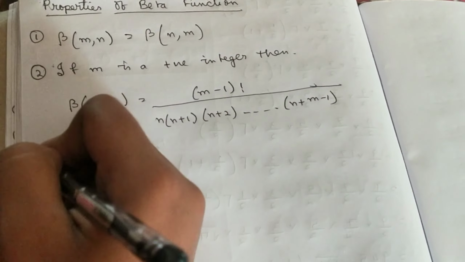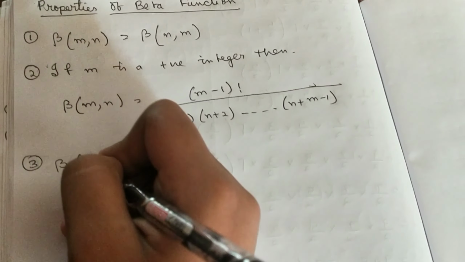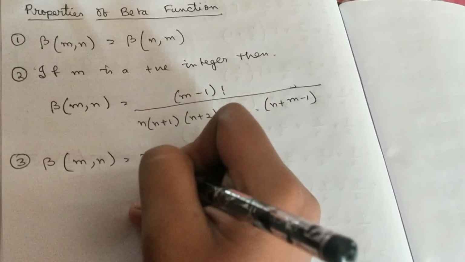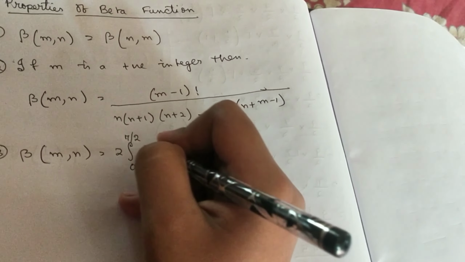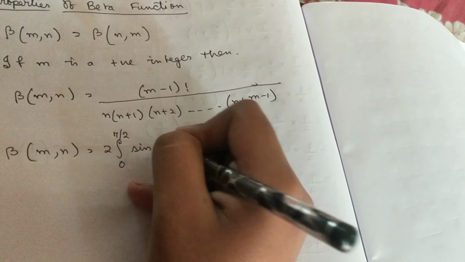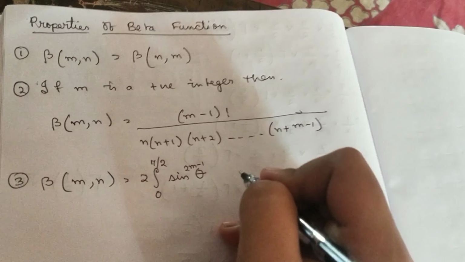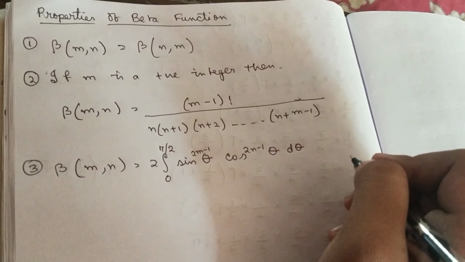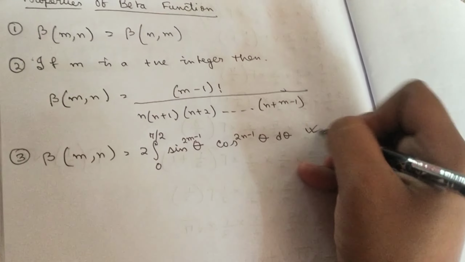Property number 3 tells us beta m comma n equal to 2 integration 0 to pi by 2 sine to the power 2m minus 1 theta cos to the power 2n minus 1 theta d theta. This is a very important formula.